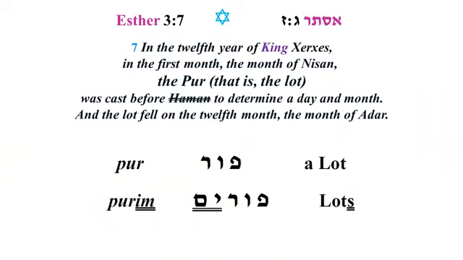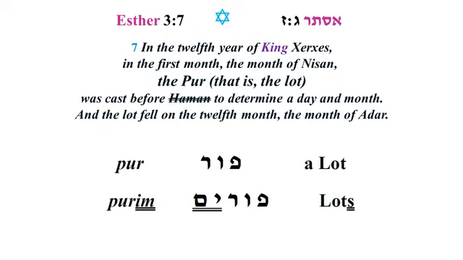Pur, P-U-R, is the Hebrew word for a lot, or picture a die. Okay, you're going to cast dice. All right, and Pur is one die. If you pluralize it, yud mem, Purim. Those are dice, more than one, okay? And I don't know if they're using dice or whatever.